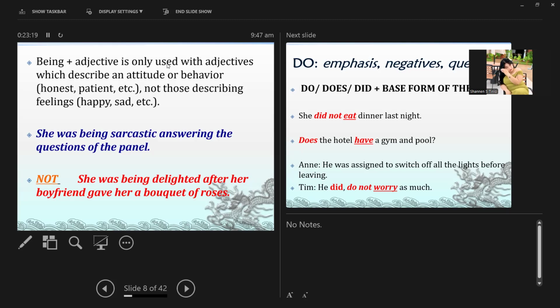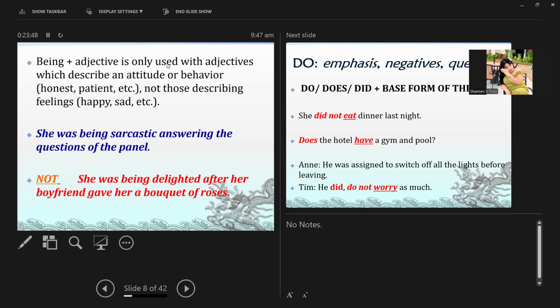Another example. She was happy after finding out that she passed the exam, right? She was happy. So you don't need to say she was being happy or she's being happy. It's an emotion, right? So you can't put being because an emotion already states that you are feeling a certain way. Okay?